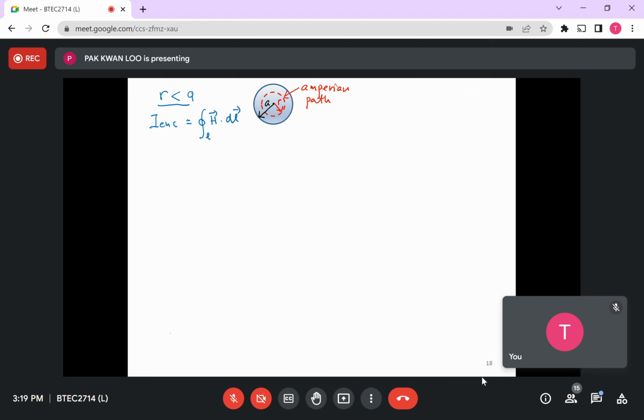So the charge density, let's say the current density is J. On my left hand side will be H 2 pi R, right? So what about this now?